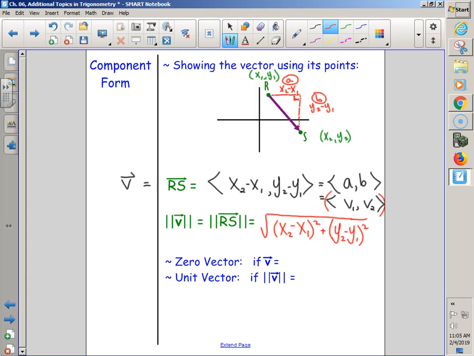So if you guys are doing the whole highlighting thing, components are specifically the side carets with the horizontal and vertical displacement showing the vector from beginning to end, how far over and how far down.